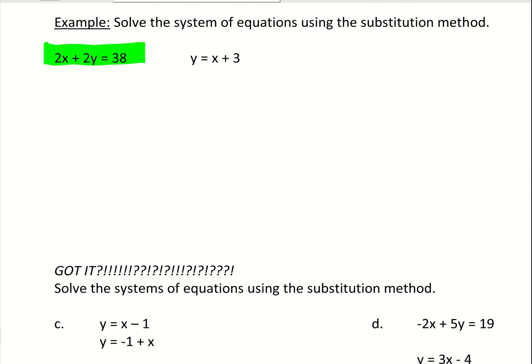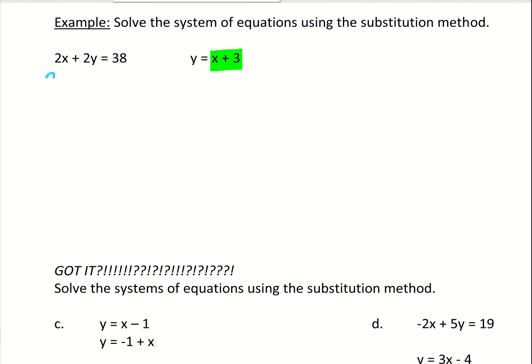You could do that. However, it's not necessary because we already have one that's in the form we need.